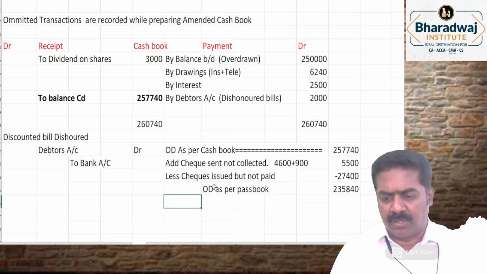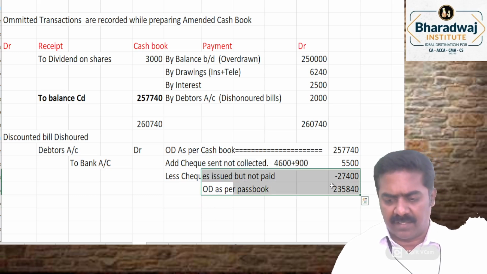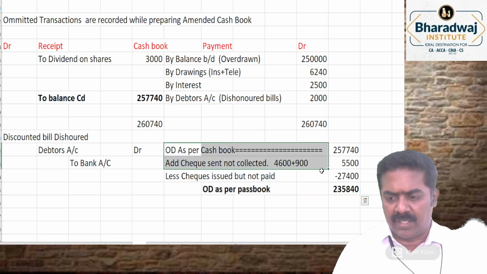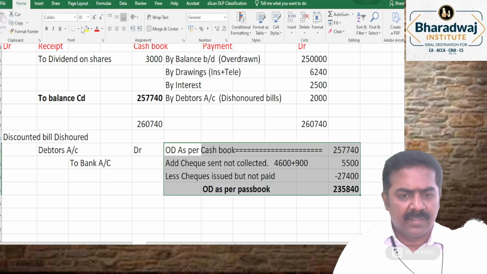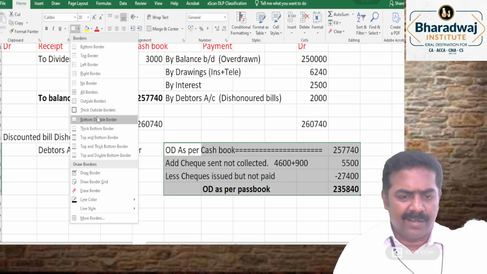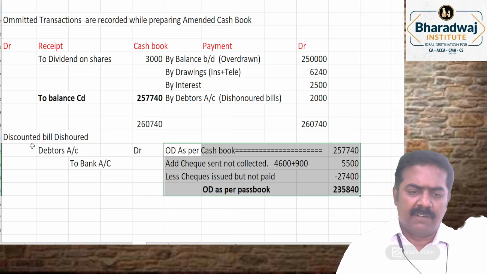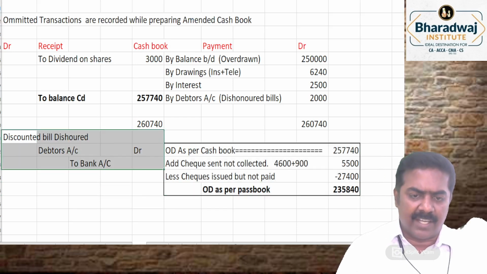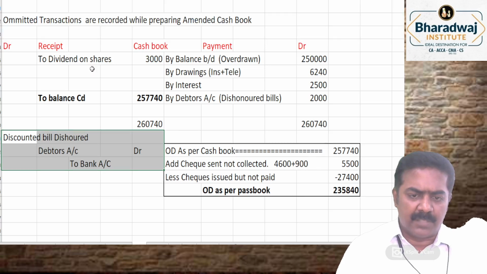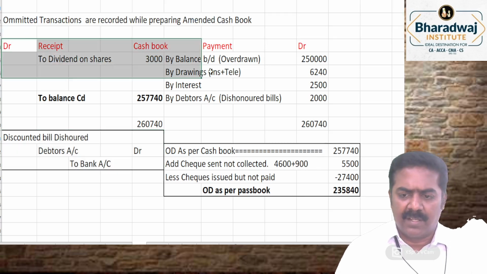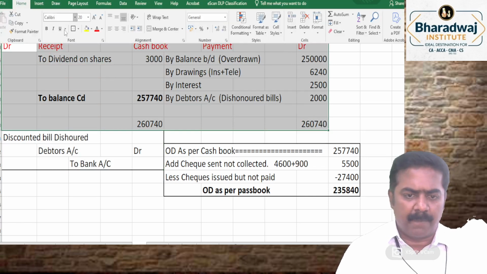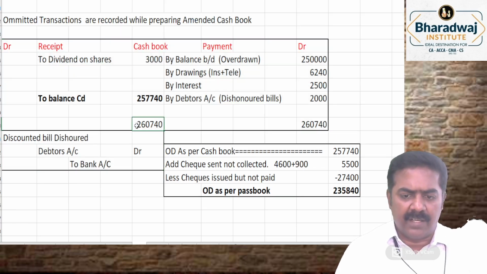So in the revision also we learned one extra thing. What is the extra thing? How to prepare the amended cash book. What is the amended cash book? Recording the omissions. Whatever is omitted in the cash book, from the passbook we take those transactions and record them in the cash book. Who's recording all these things?